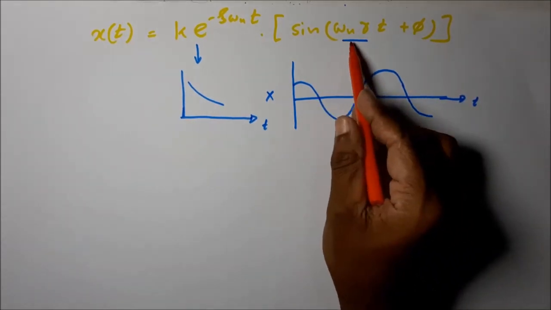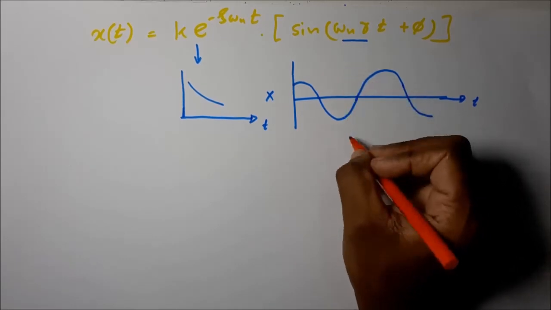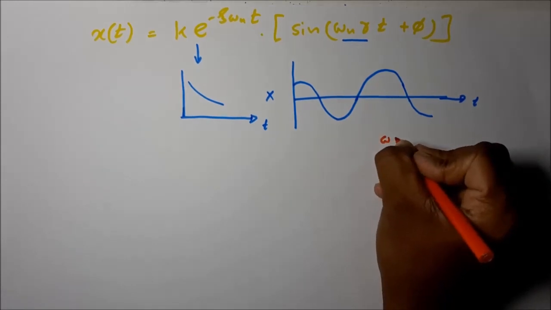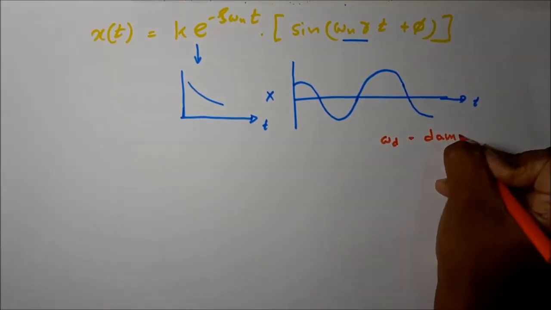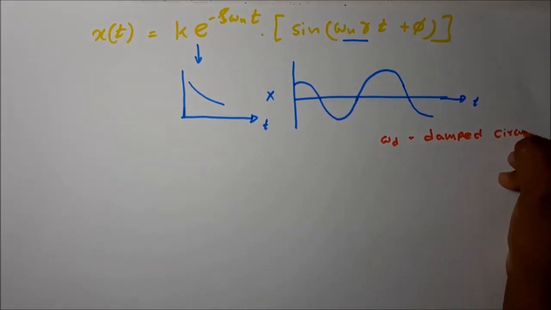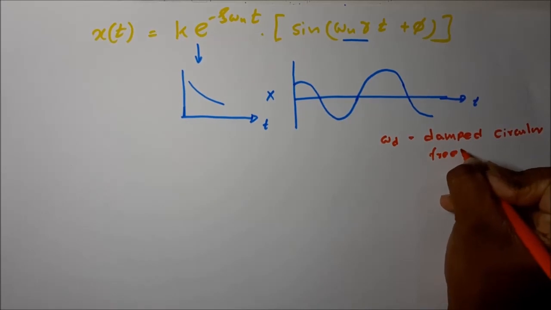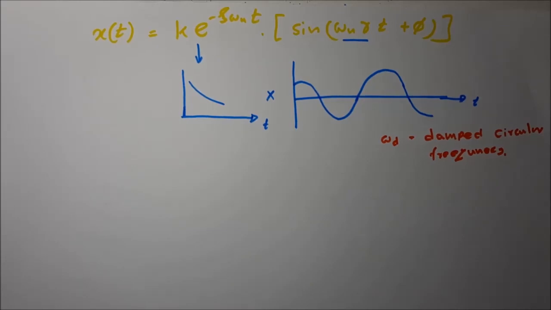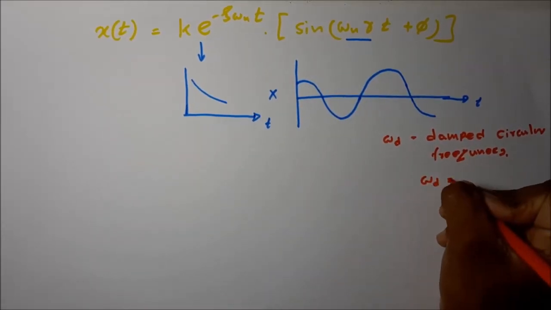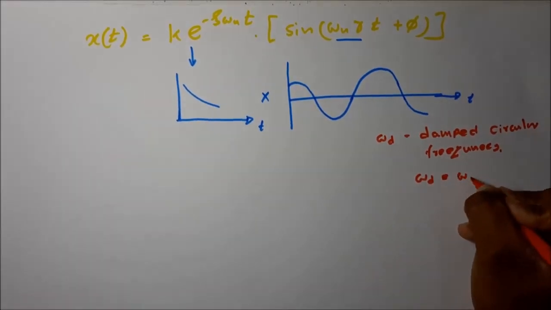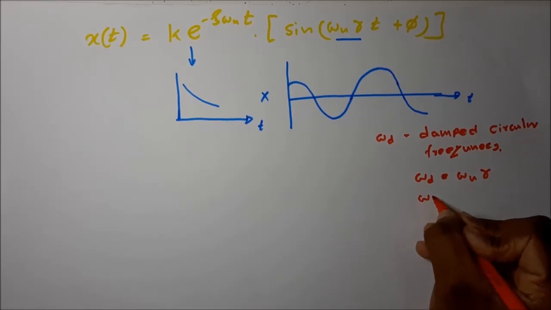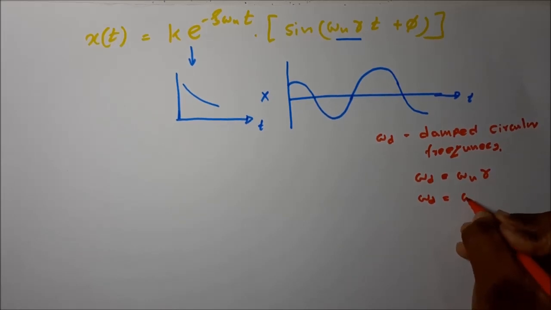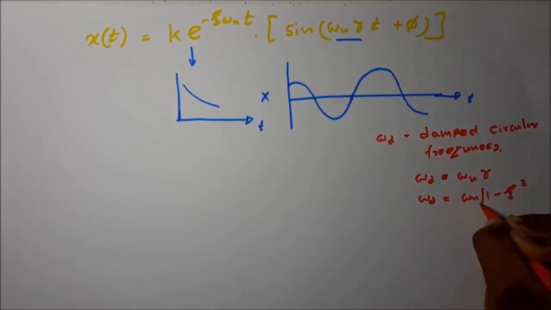This frequency is called the damped circular frequency, ωd, which is equal to ωn γ, where we introduce the γ term, ωn √(1 − ζ²).